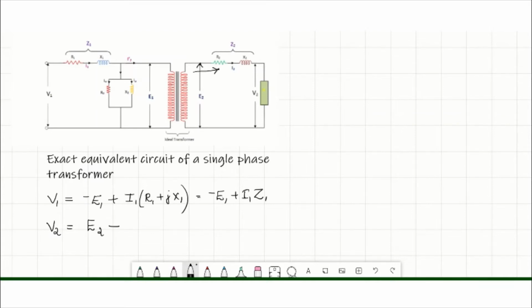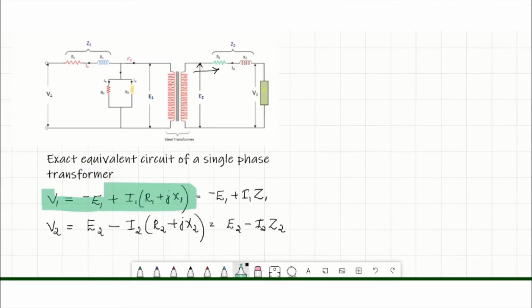So induced EMF E2 minus voltage drop across Z2, that is minus I2 into R2 and I2 into jX2. Or we can write it as E2 minus I2 Z2. So while drawing the phasor diagram, these two equations are very important.